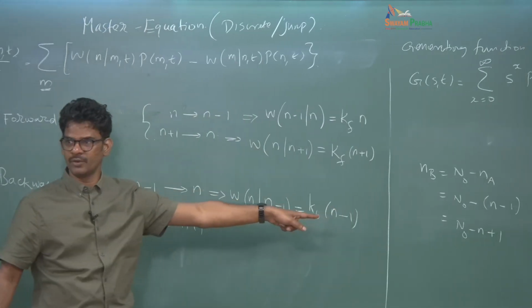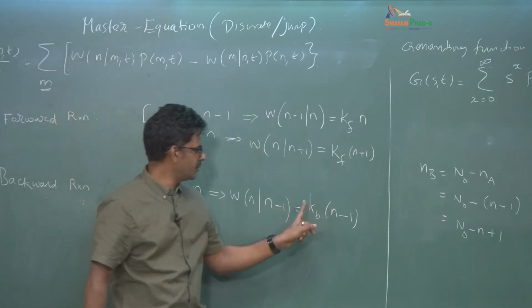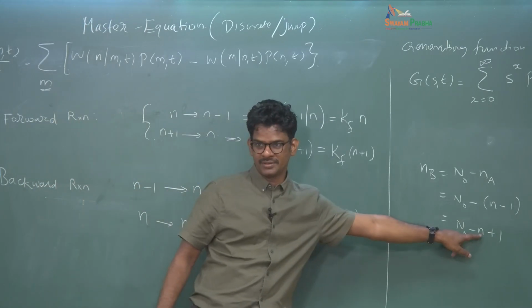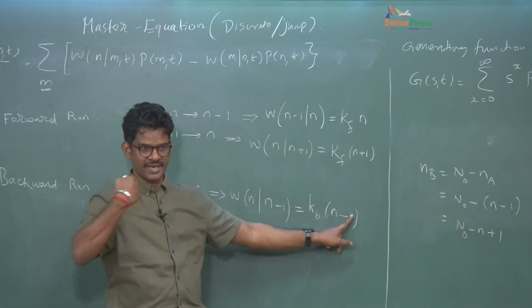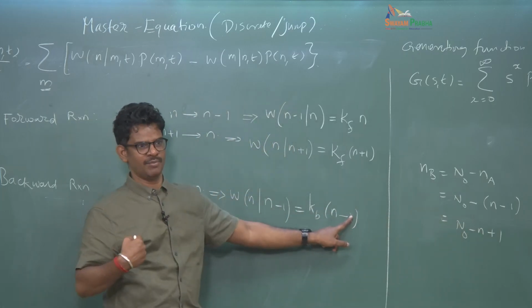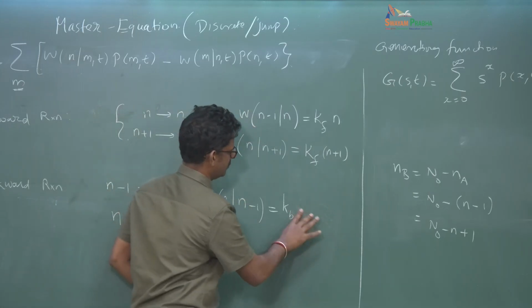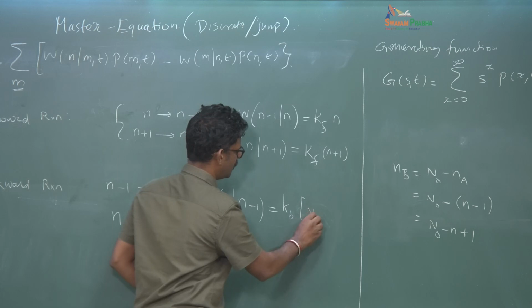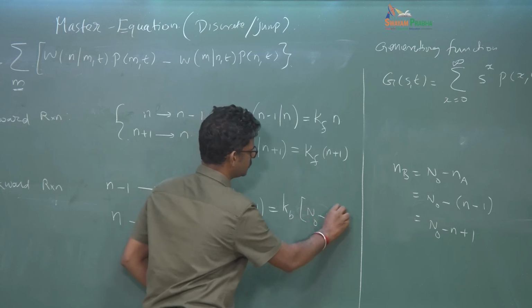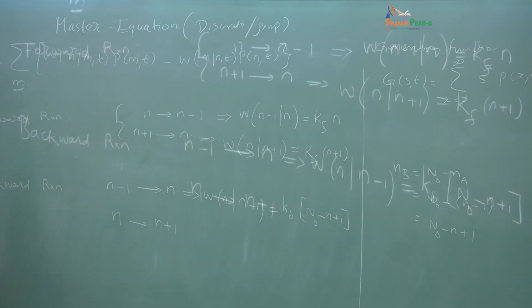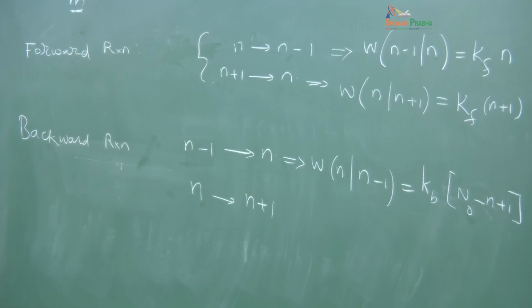This would be the number of molecules of B, and the rate is proportional to Kb times this number, not the other one, because the backward reaction depends on the number of B molecules, not the A molecules. So this is not correct. It should be n naught minus n plus 1. Do you follow?